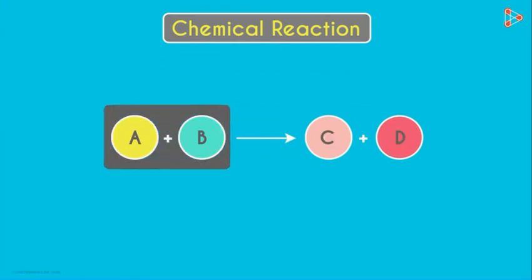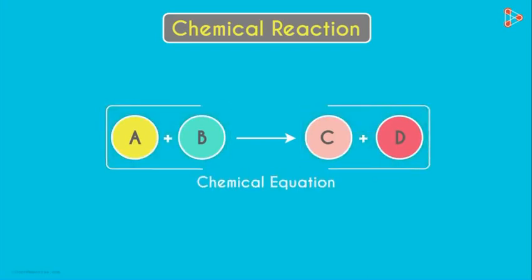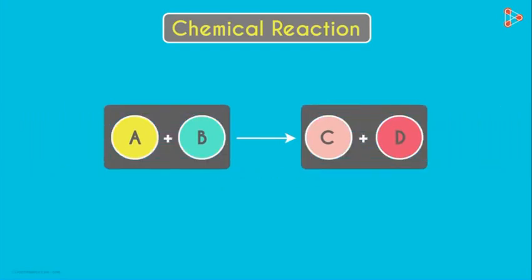A and B react to form C and D. Here A and B are the substances which participate in a chemical reaction. So that's why A and B are called reactants.